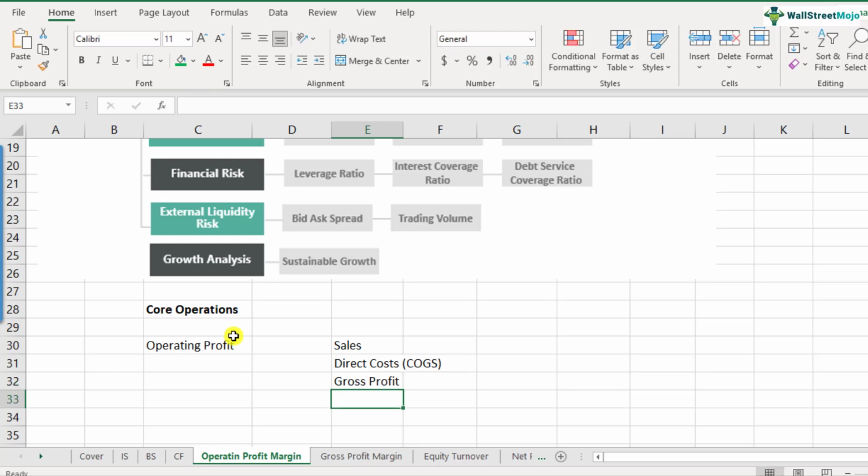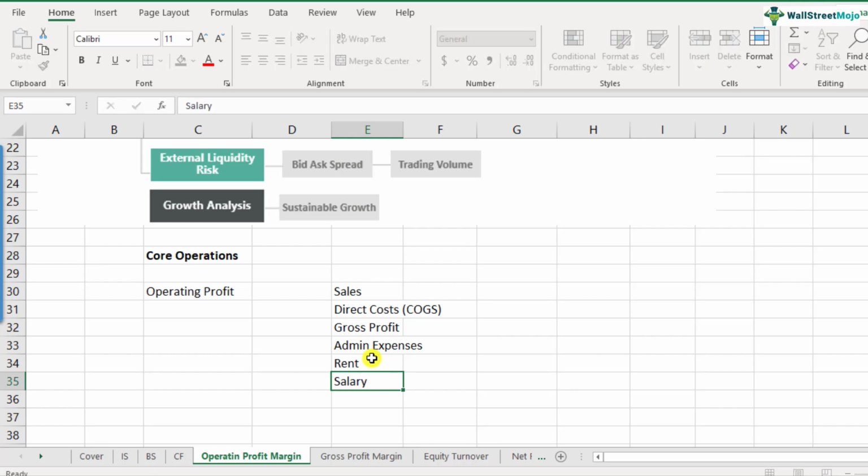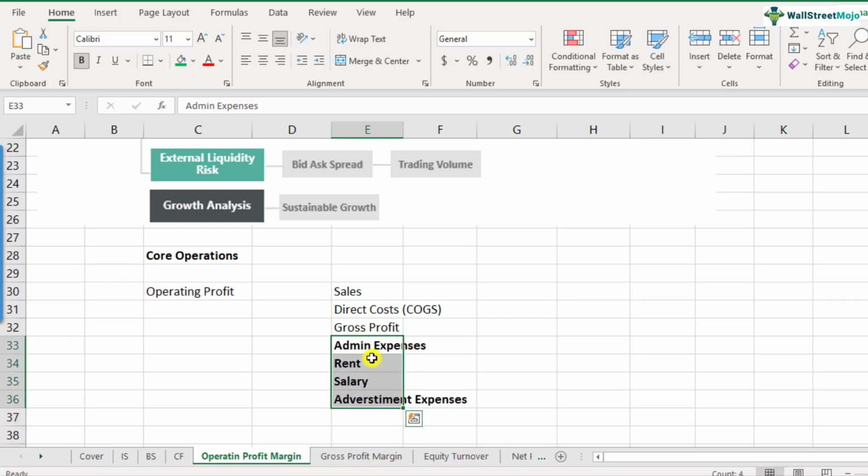After the gross profit, we have all the indirect costs or indirect expenses. Indirect expenses are like the admin expense, rent expense, salaries, maybe advertisement expense. All of these are indirect expenses, but have to be incurred in order to generate sales.